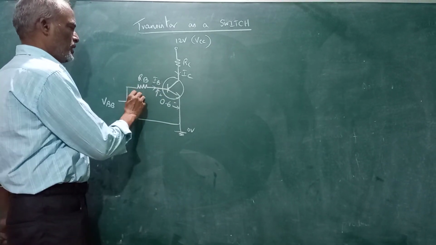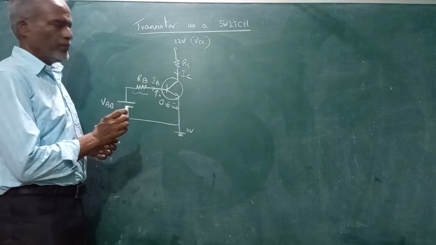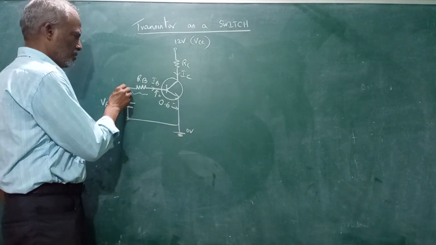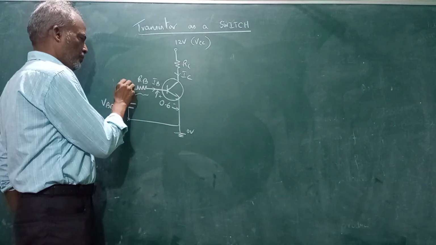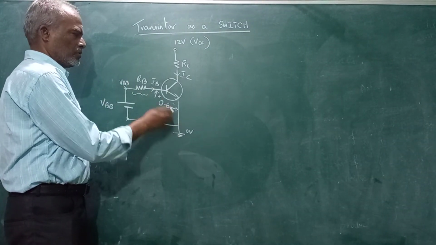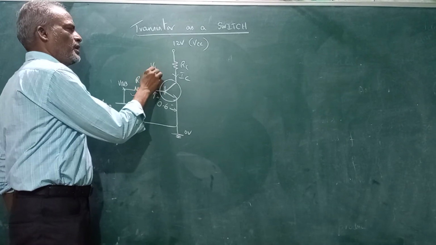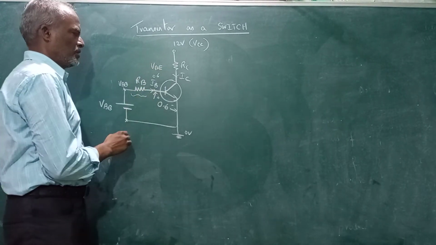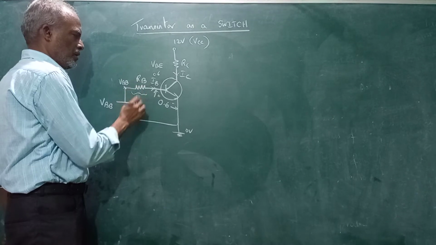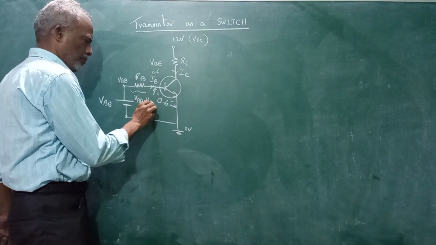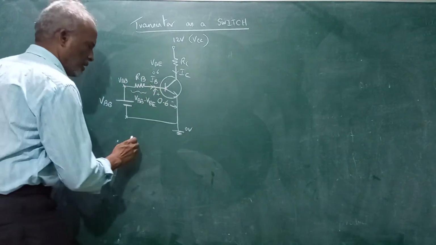That means the voltage across RB will be as follows. With respect to ground, this point is at VBB, and this point is at 0.6, which is nothing but VBE, the base to emitter voltage. So the voltage drop here will be VBB minus VBE. Now what is the base current?